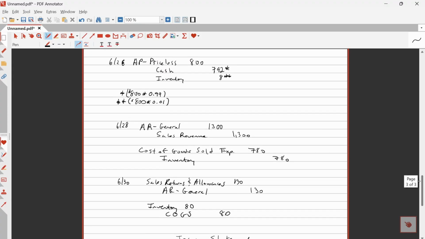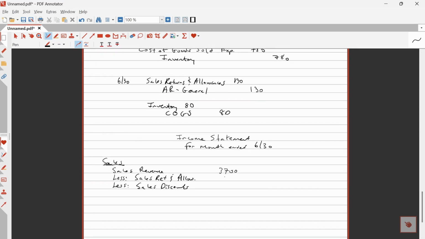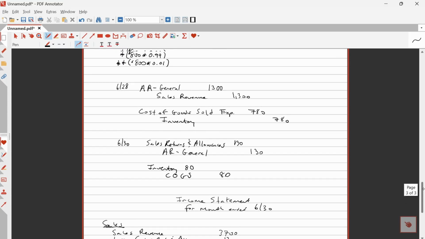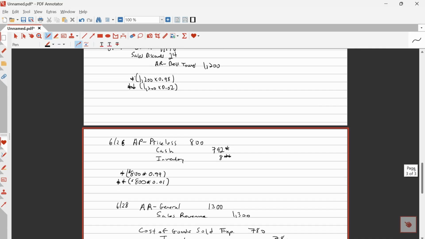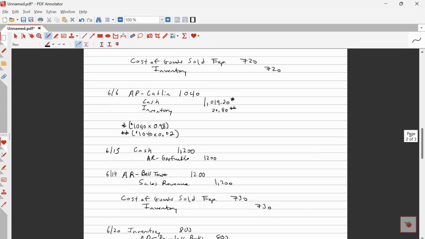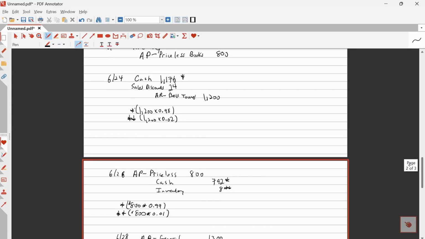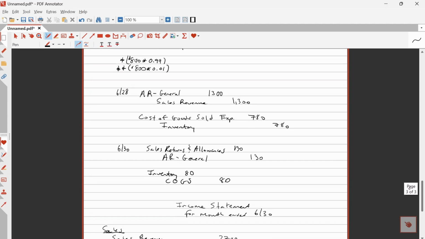Well, we just have that one at the end of the month. 130 should be the balance. So if we write the word less here, then we don't have to put parentheses around this to show it's subtracted. If we don't write the word less, then we do need to put parentheses. And then sales discounts, less means we're subtracting. Balance in sales discounts, all those debits we made to sales discounts. We made at least one. On the 24th, we debited sales discounts for 24. I guess that was the only one, wasn't it?